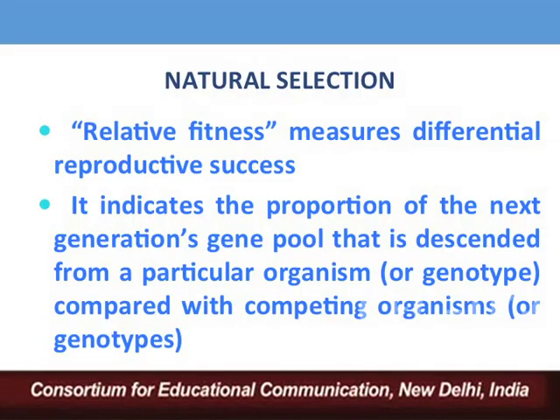That is, how many offspring or progeny are produced by each type of genotype. The fitter the genotype, the more adapted it is to survive in a given environment, and more progeny will be produced by that particular genotype in that particular environment. So that is termed as relative fitness.